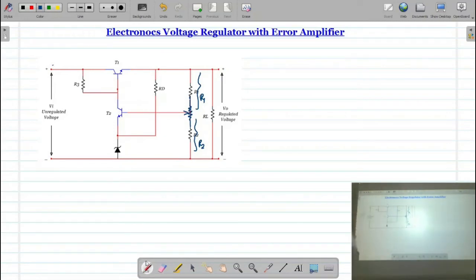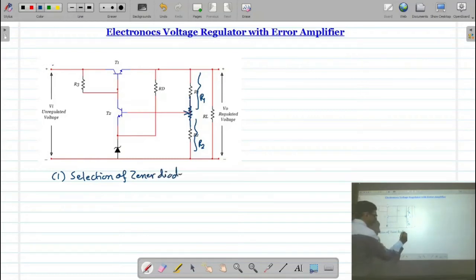So first of all, if you look at this, the Zener diode is there. What should be the value of the Zener diode? Okay? So we write selection of Zener diode. Correct?